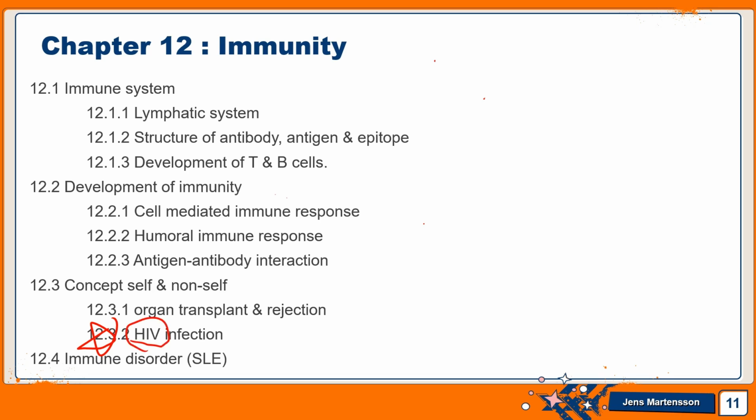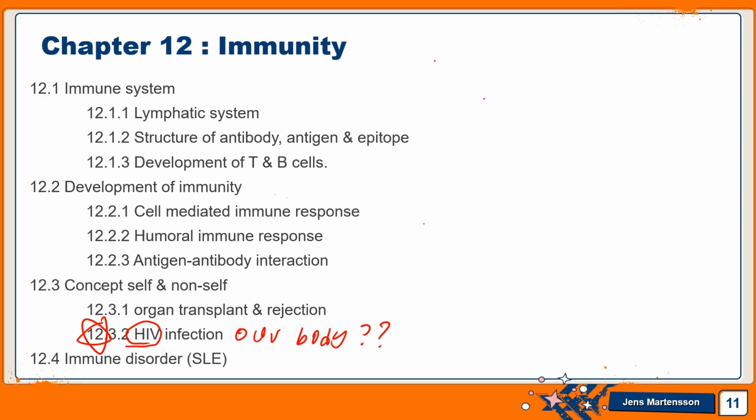HIV virus, and until now we cannot kill this virus. And you will learn in this topic how the HIV virus infects our body, how this HIV virus threatens our body.